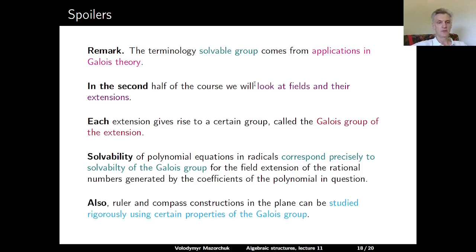Also, ruler and compass constructions in the plane can be studied in a rigorous way using certain properties of the Galois groups. So it turns out what you can construct using ruler and compass can be described using the properties of the corresponding Galois group. Not only should it be solvable, but the subquotients in the subnormal series should be very, very specific.